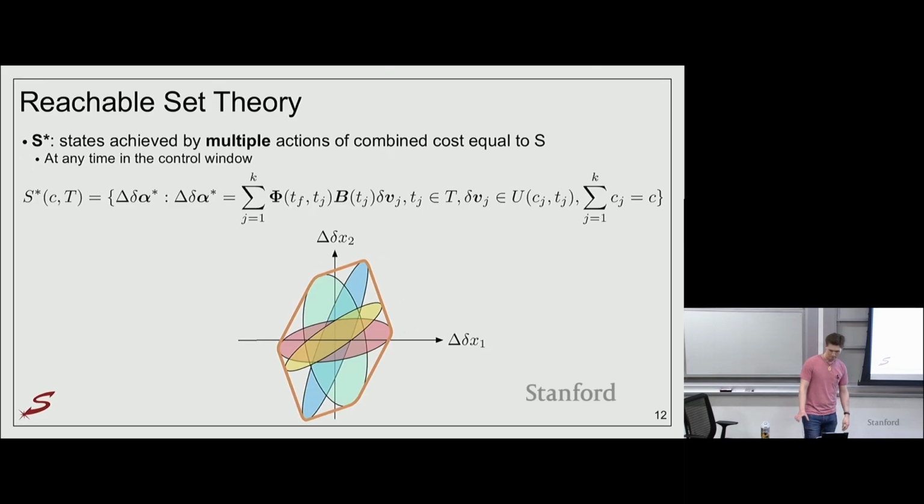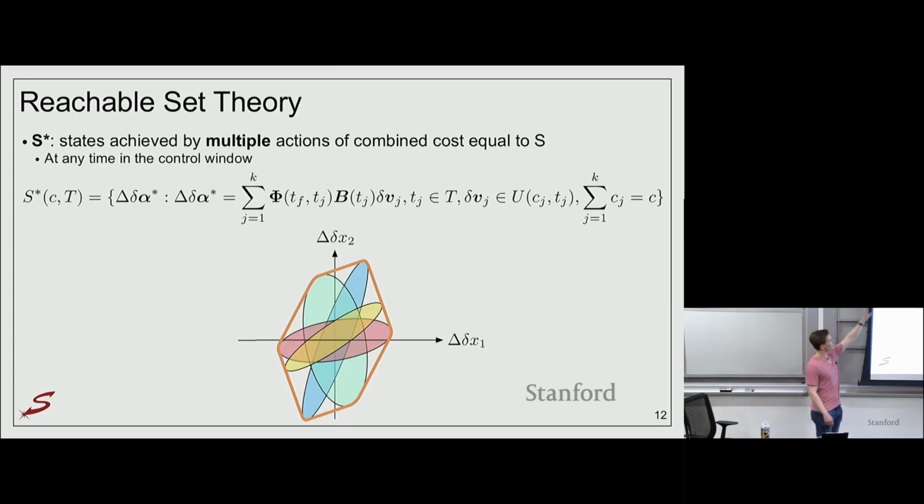And finally, and that's the part where most people get tripped up, so let me know if you have any confusion. The set S star is going to be the set of states achieved by multiple actions of combined cost equal to C at any time in the control window.